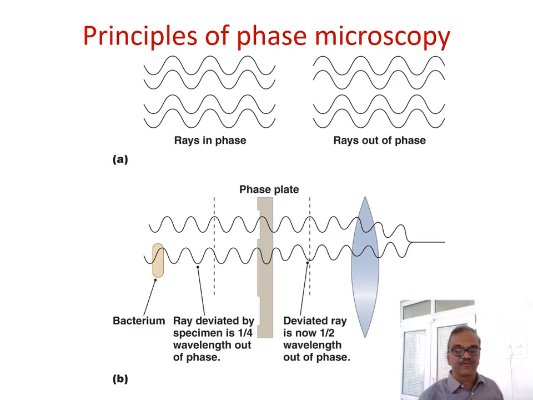Okay, and the ray deviated by the specimen by 1/4 of the wavelength is out of phase, and here it is half wavelength out of phase. Okay, so 1/4. So in that case it will give you a closer picture.